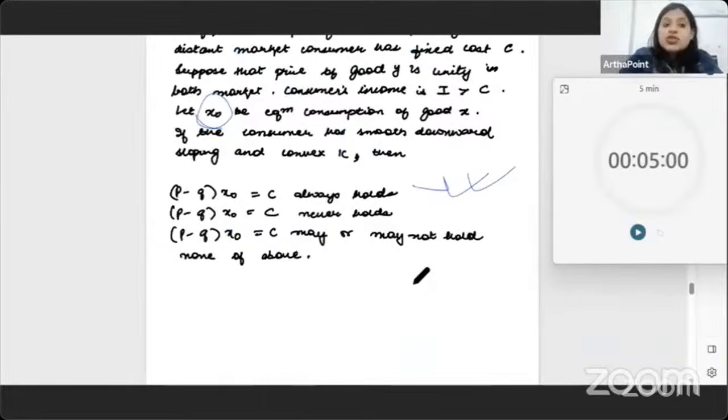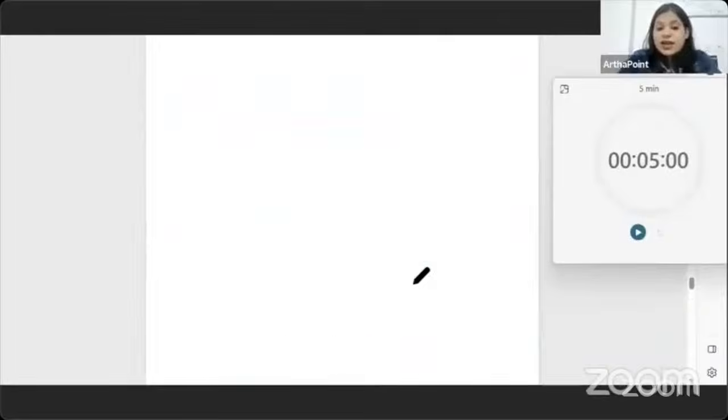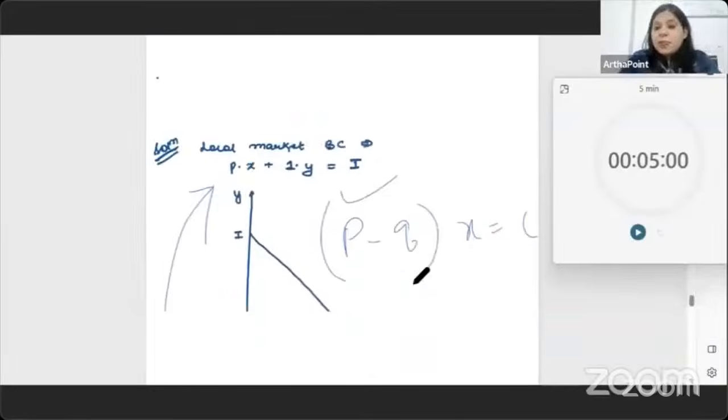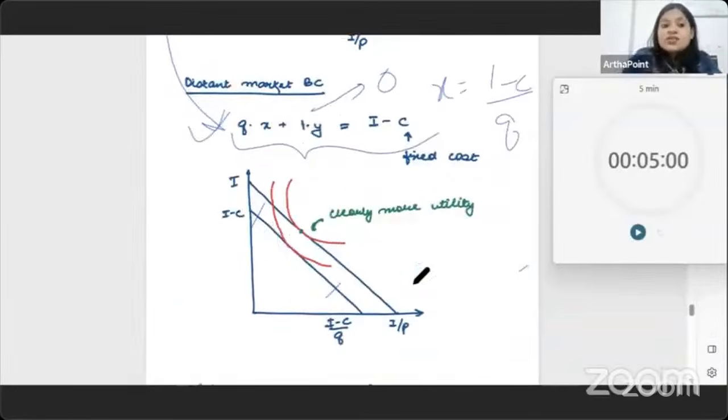My equilibrium bundle x naught in this case is much above the equilibrium bundle in the other case. That equation would have held true if you were consuming the same bundle in the two cases. Are you getting it? I am not consuming the same bundle in the two cases. I am consuming different bundles in the two cases.